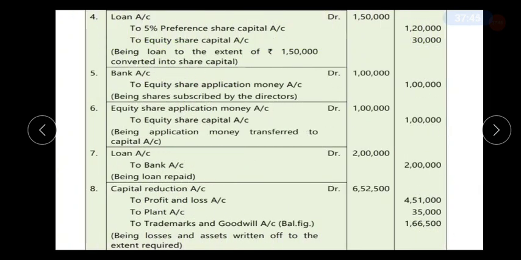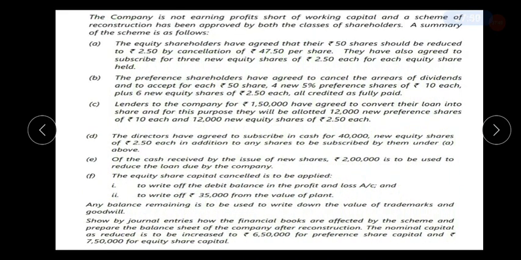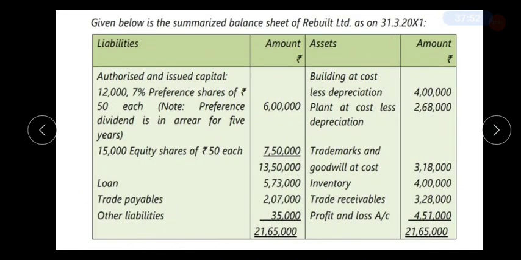capital is completely removed. So if you look at the balance sheet earlier, we had 7% preference shares, and earlier we had equity shares of rupees 50 each. It is completely removed. We don't have any old capital now. We have new capital in the place of the old. So what is that new capital?